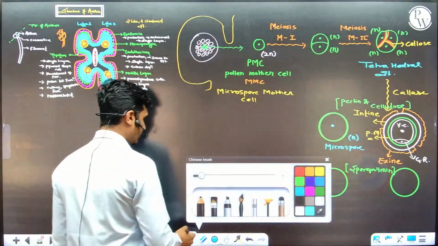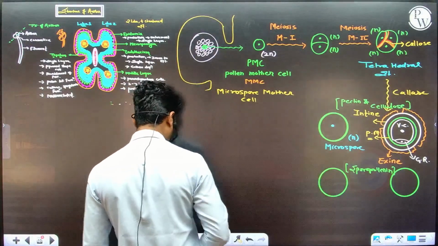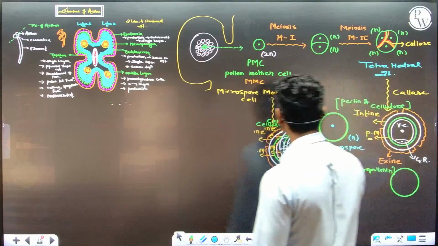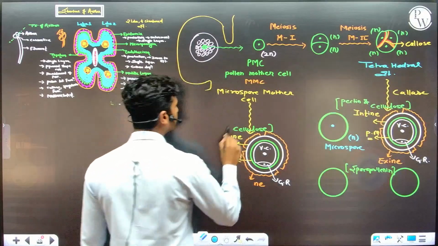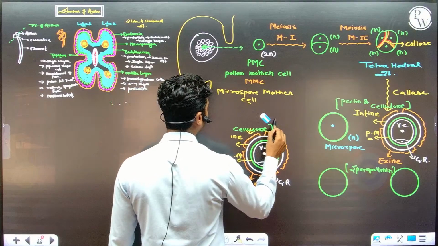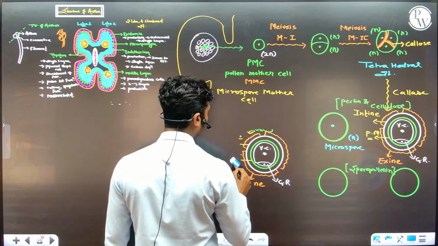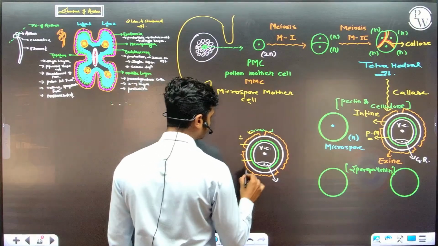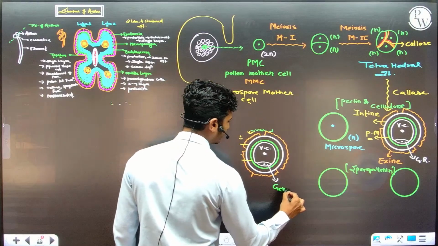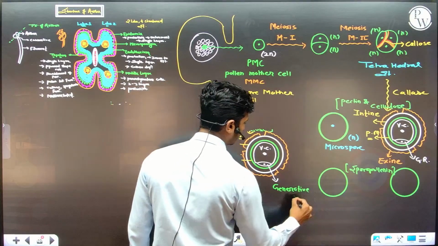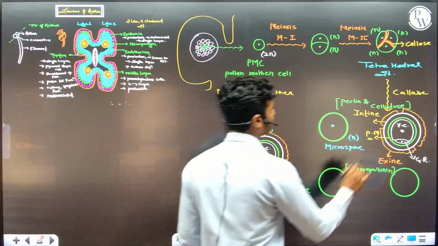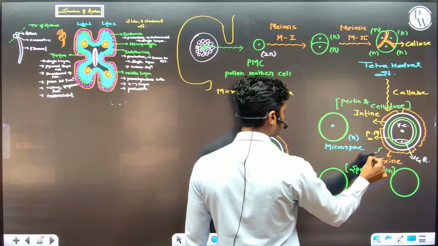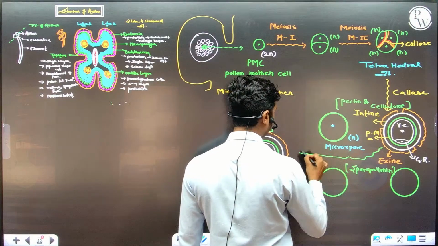This structure has a generative cell, and generative cell formation takes place with the help of one division known as mitosis.